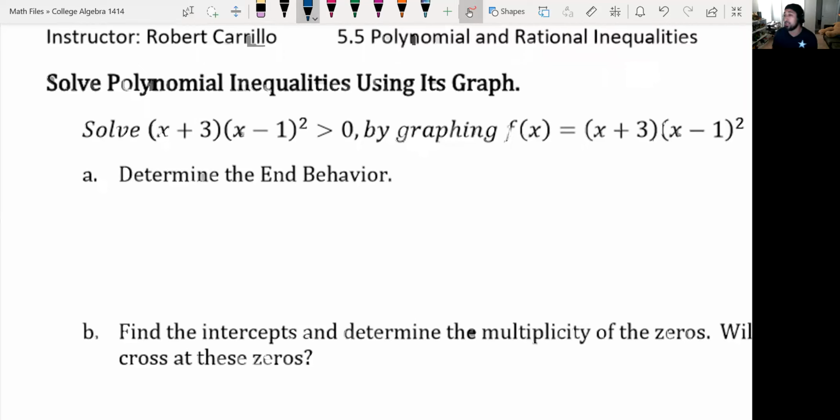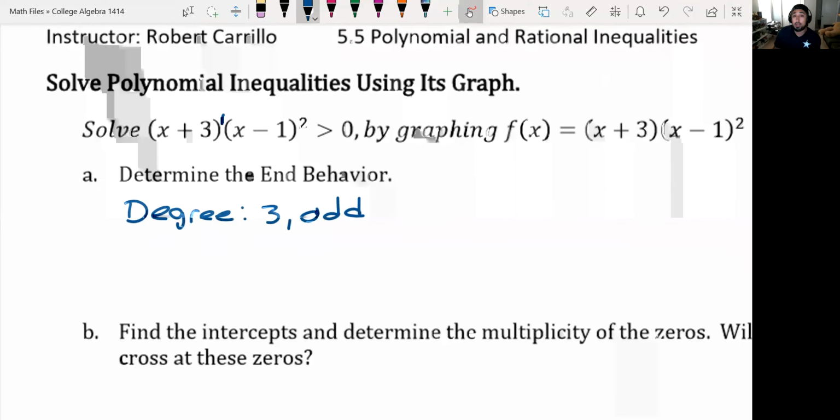To determine the end behavior, we have to know the degree of the function. This degree is 1, that degree is 2, so our degree is 3, which is odd. Then we have to know the leading coefficient, which is 1, positive.